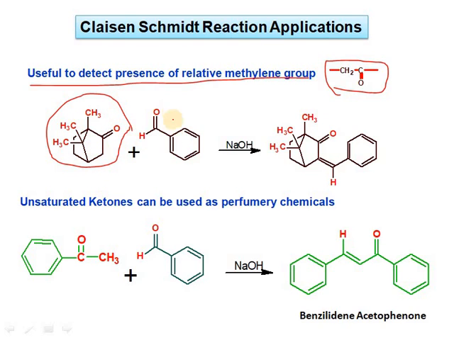Camphor can be treated with benzaldehyde in the presence of NaOH to get unsaturated molecules, which show that this type of group is present.